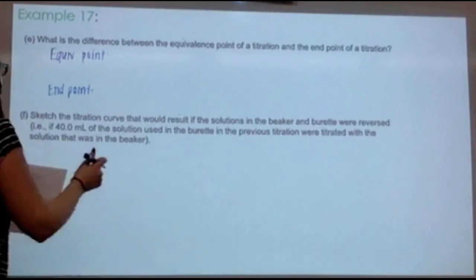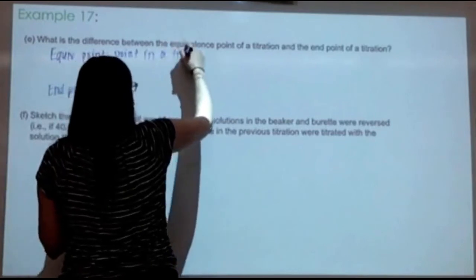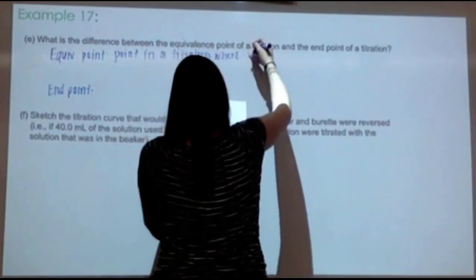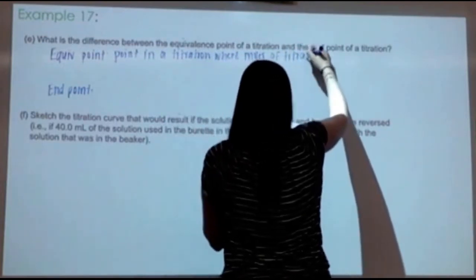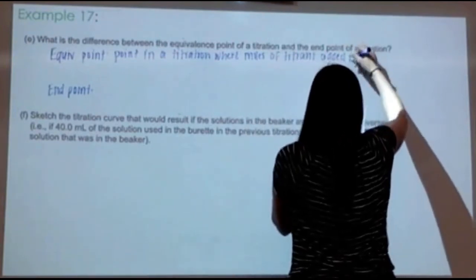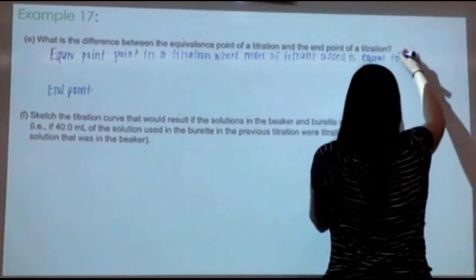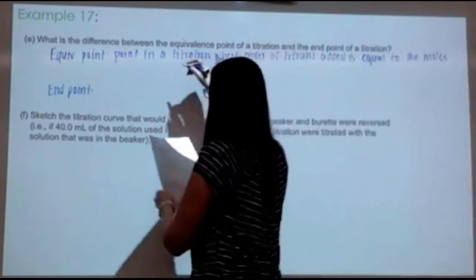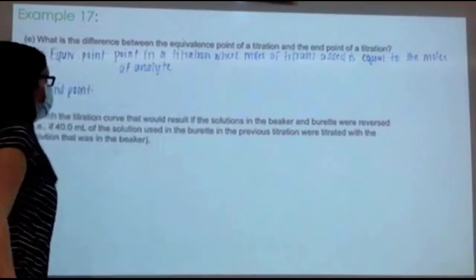So the equivalence point is the point in a titration where moles of titrant added is equal to the moles of analyte.